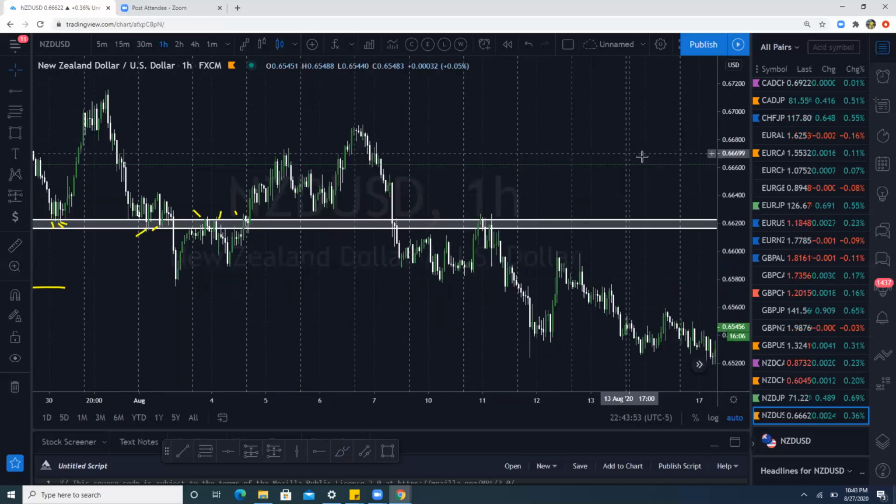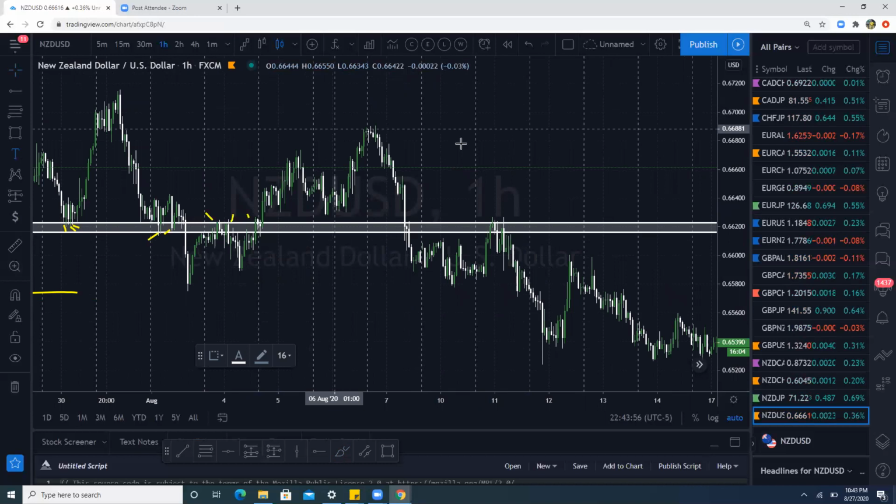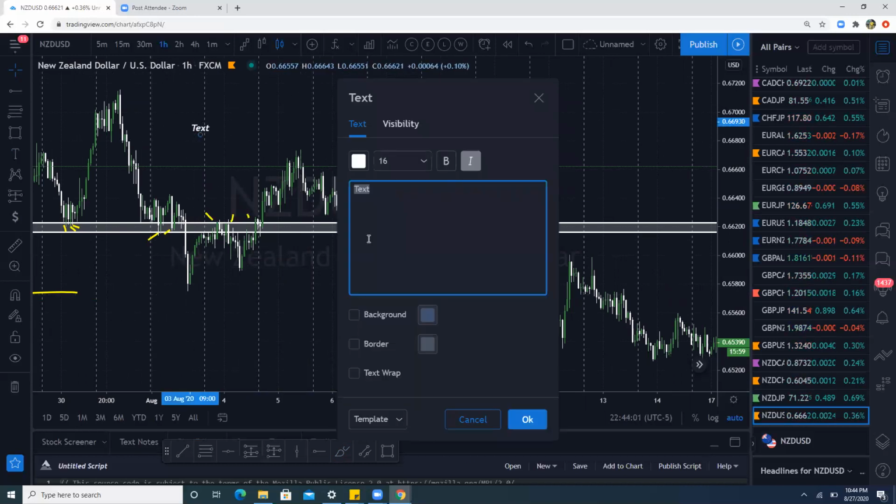The second thing, and I think I'll type it out just to make it easier, is the volume or the momentum that it supports. So the first one is multiple respects of price. Second is the level has big reactions. It's probably a better way to say it. Big reactions at that level.